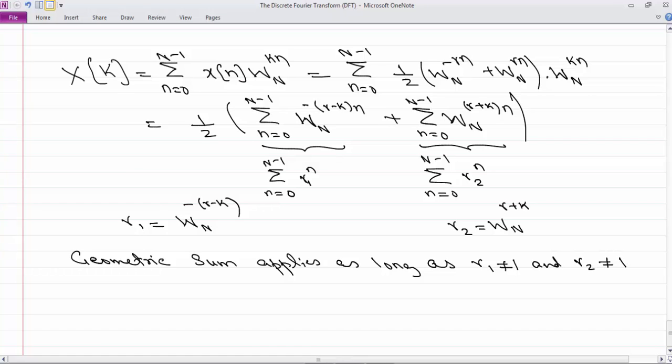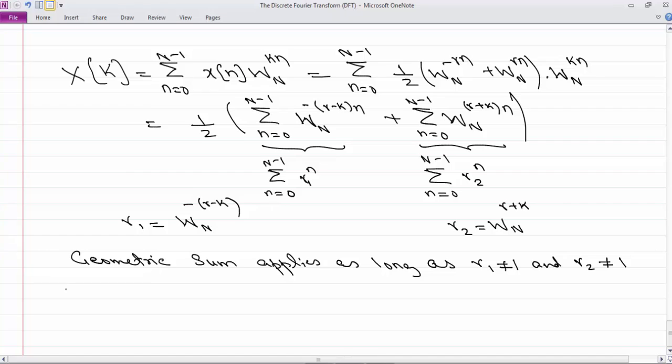For the case where they are 1, we have to compute the sum manually. And of course, in that case, it's really trivial to compute the sum because you are just adding 1 N times.